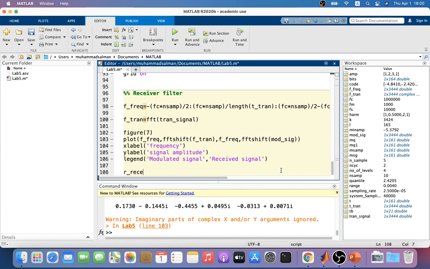Let me make it a zero vector, so that it's a blank vector where we can keep all the received answers. And what is this one? It should be equal to, sorry, they are both similar, so it should be like this.